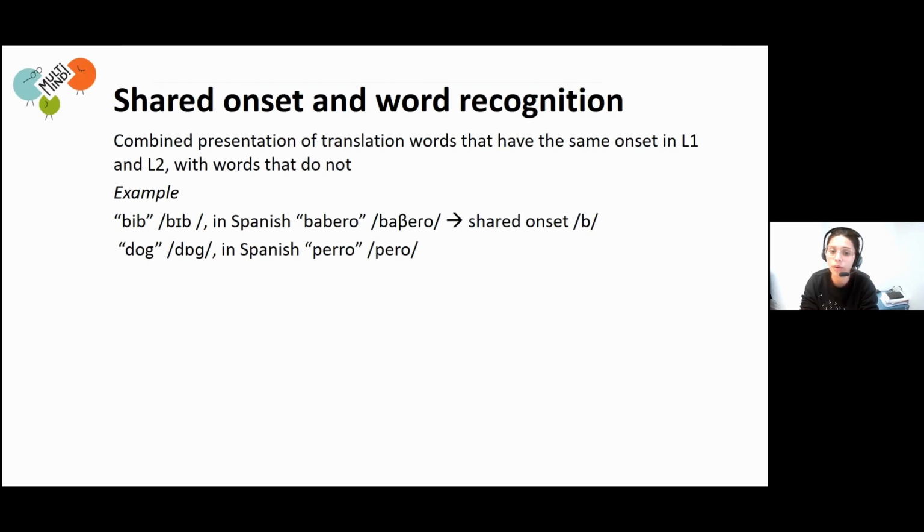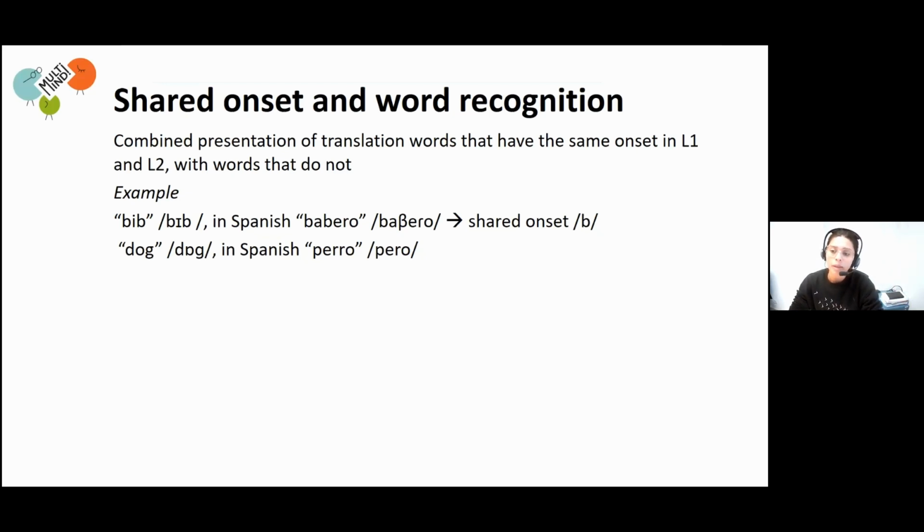For example, the word dog in English is perro in Spanish. So the idea is that given this phonological overlap across translations, maybe the processing of these type of words is easier than the translations that don't share this phonological onset.